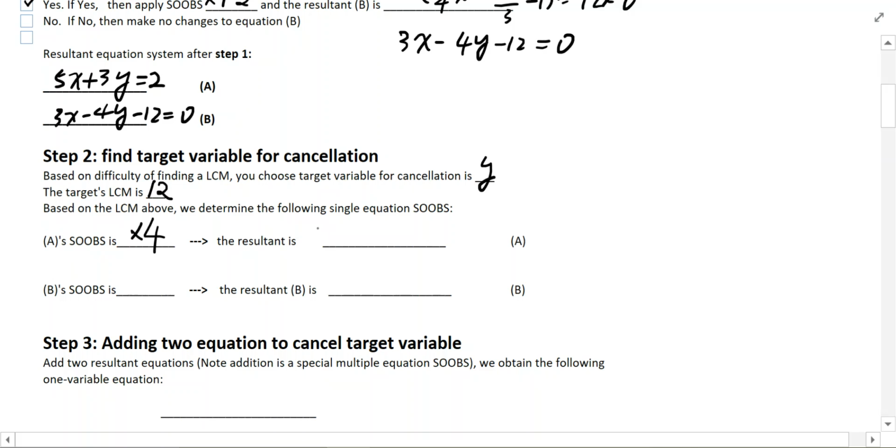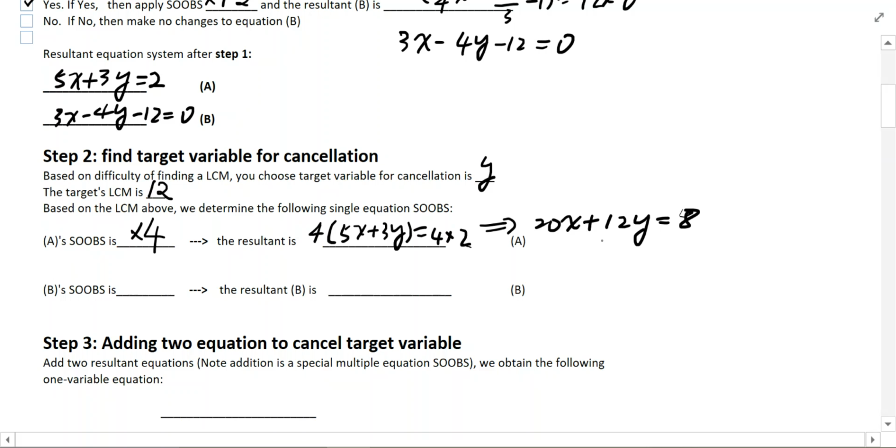Let me do the details: 4 times 5x plus 3y equals 4 times 2, which is 20x plus 12y equals 8. So the B should be, we want to make this, because for A we times 4 here, we got 20.